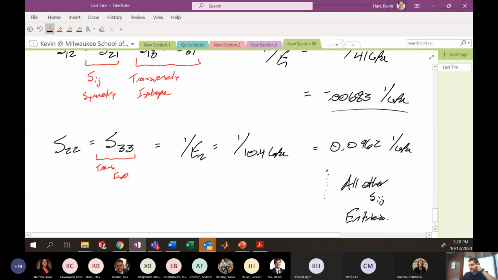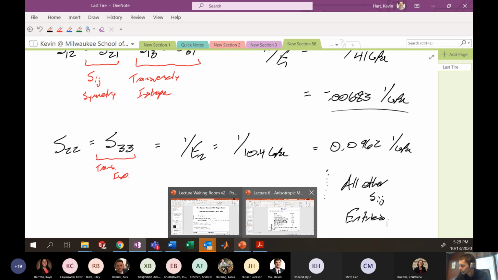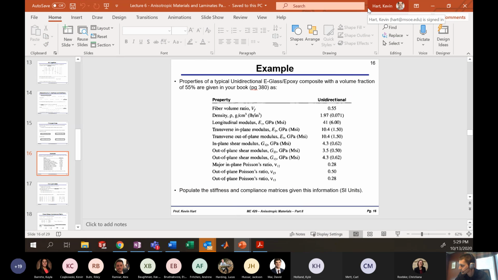which we now know in terms of engineering constants, right? So we go back to our problem. I'll just move this out of the way for just a second for those copying it down still.